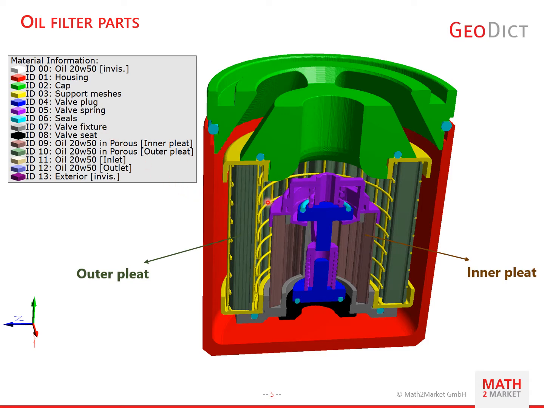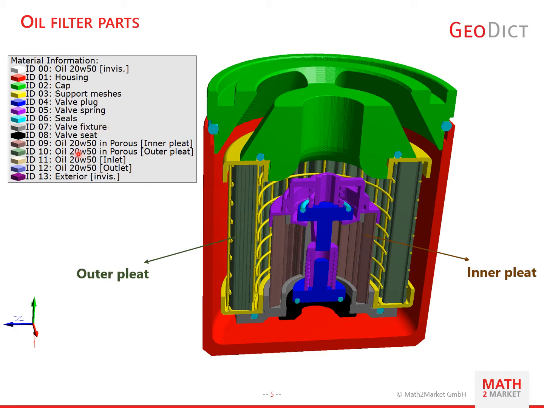For this example of oil filtration, we used special engine oil 20W50. You can also see the solid parts: the housing shown here with red color, the cap with green color, support meshes, the spring, and the valve.